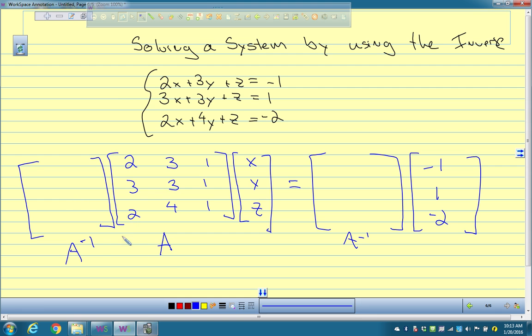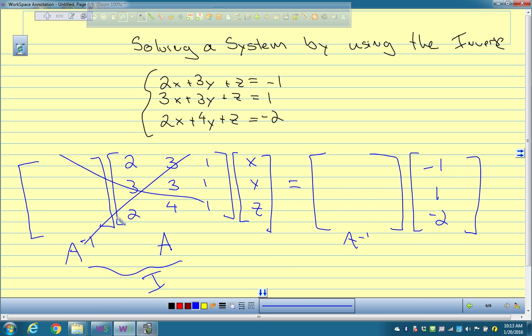So this times this is going to give you I, and I times this is going to just give me xyz, and this times this is going to give me some number, right? So if I multiply the inverse of this matrix times the constants, I'm going to get x, y, and z. See that? Because this kind of cancels out, right? It's like multiplying by the reciprocal. Okay, so I get x, y, z equals the inverse of this times that.